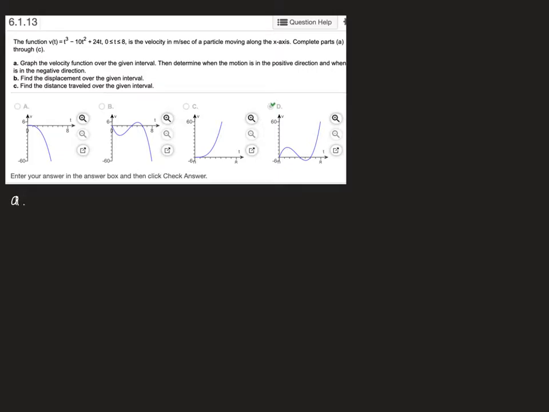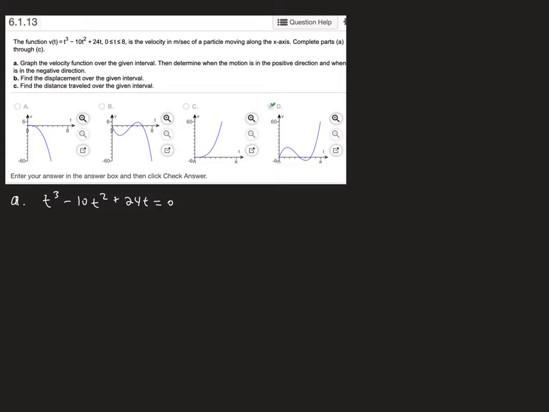So the A part. In order to figure out when the velocity is positive and negative, it's just that sign chart idea that you had from Calculus 1. So we need to take our velocity function in the problem and first of all figure out where the velocity is 0, because we know that the only way this polynomial can change from negative to positive or positive to negative is if it has to be 0 at some point.